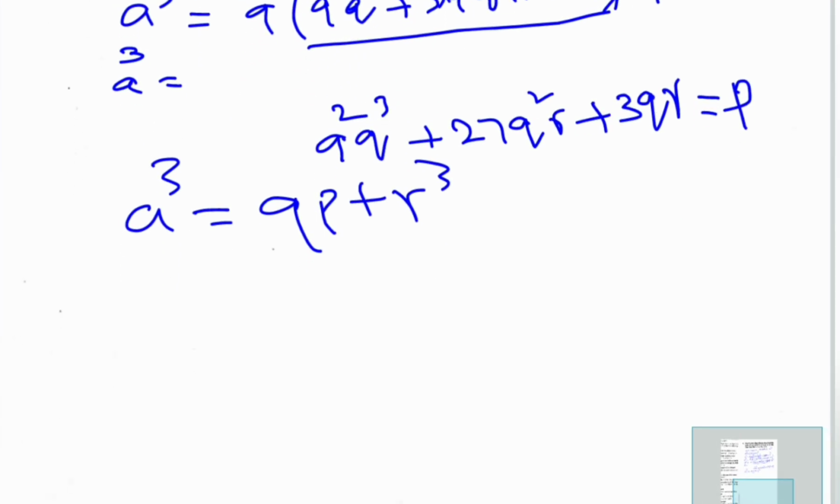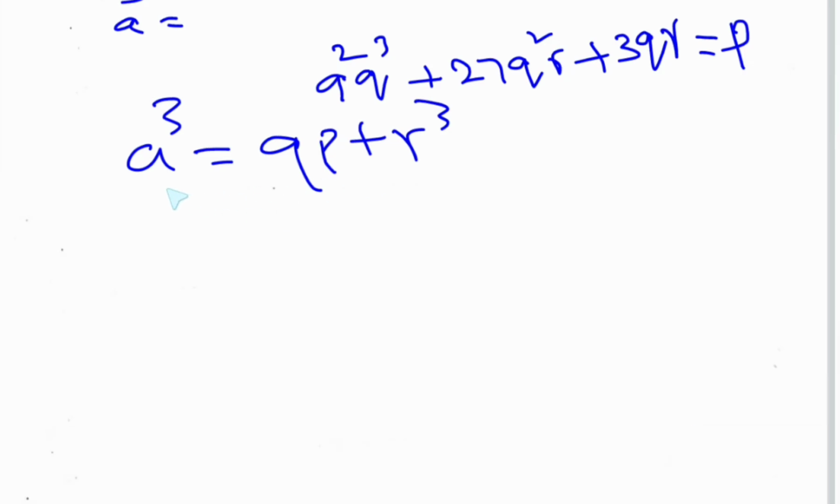Now a cube is equal to 9p plus r cube. This is the cube of a positive integer form. Now the r values are 0, 1, 2, 3, 4. Substitute in this equation: a equal to 9q plus r and a cube is equal to 9p plus r cube.